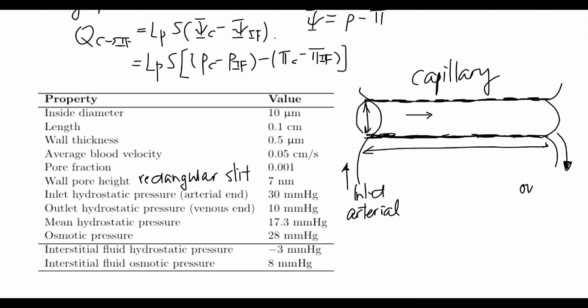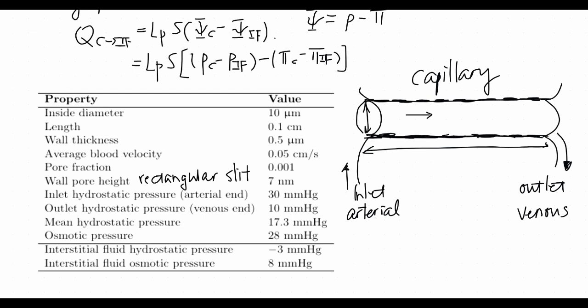Now this is the venous end. So the hydrostatic pressure at the inlet is higher than the hydrostatic pressure at the outlet. This is because we have a pressure drop, and because of viscosity, the pressure decreases along the way because of the viscous dissipation of the energy of the fluid.